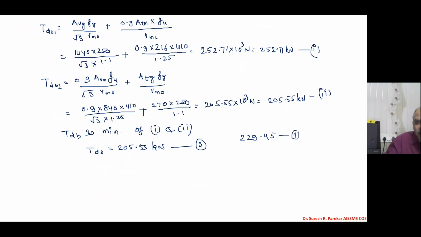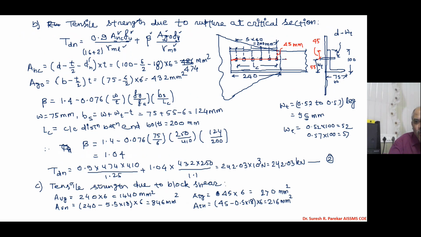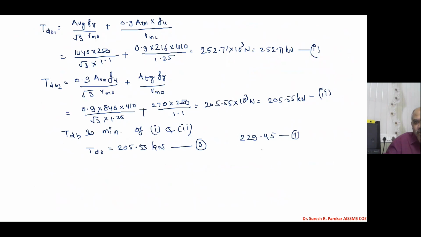Then we have value 2, 242.03. We have 2 and 3, 205.55. Therefore TD equal to 205.55 kilonewton.